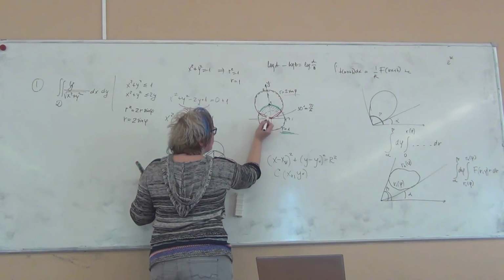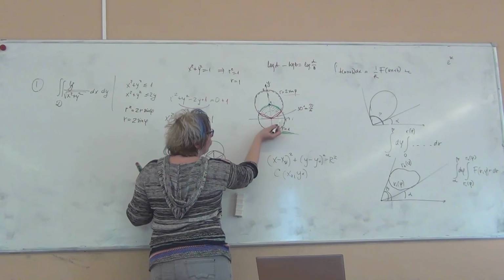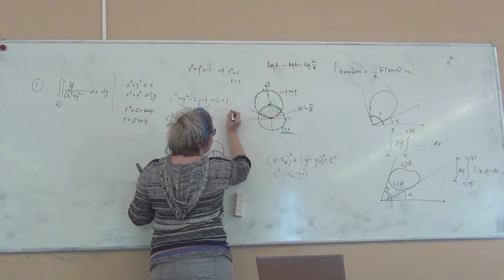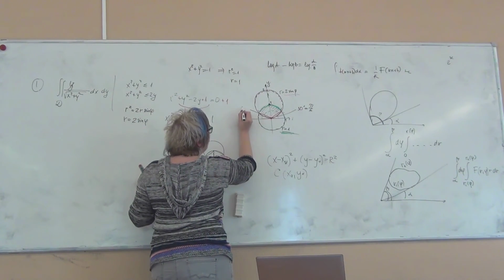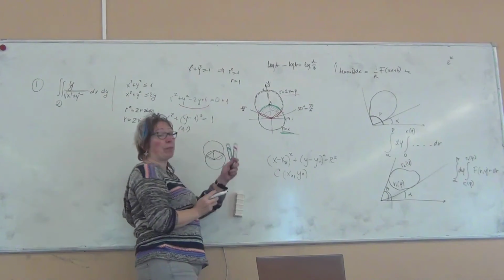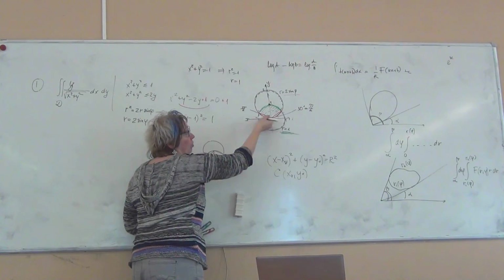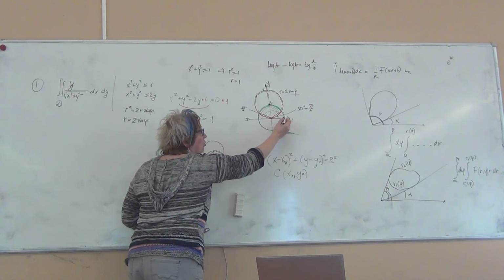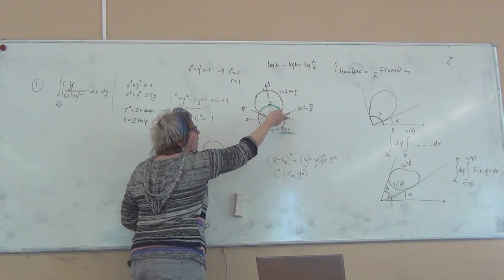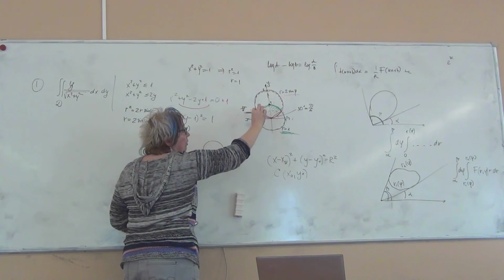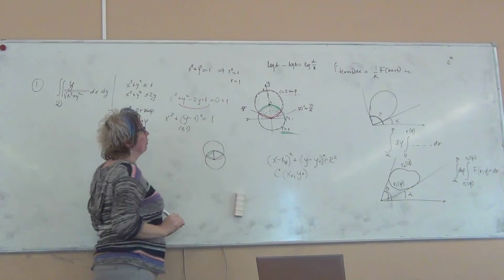And the angle from 0 to this ray corresponds to 5 pi over 6, the symmetrical one. And this corresponds to pi, the horizontal tangent, and this corresponds to 0. Angle 0, angle pi over 6, angle 5 pi over 6, angle pi in radians.